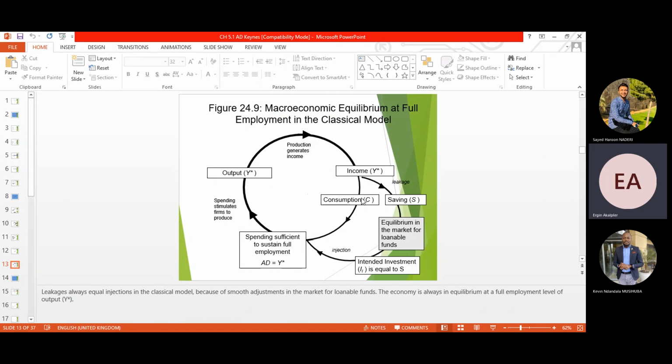And again, when we are looking at the output, this circulation and cycling of the economy, the output again generates some production and results in income. And income and consumption are again realized.